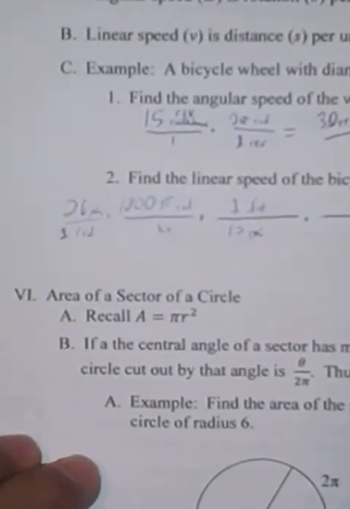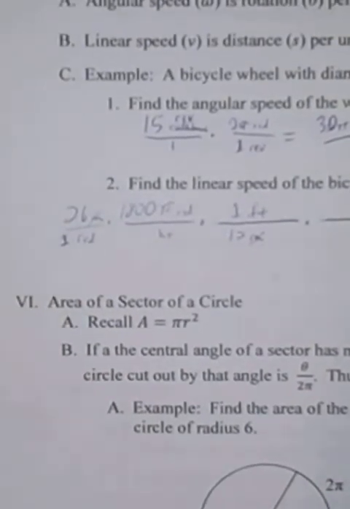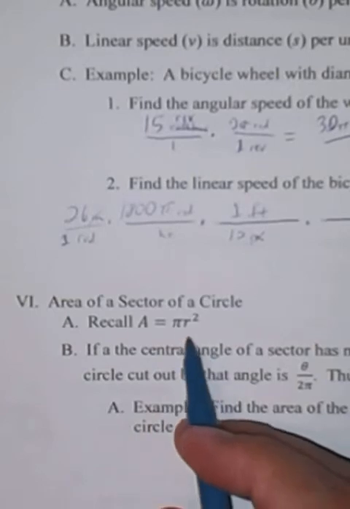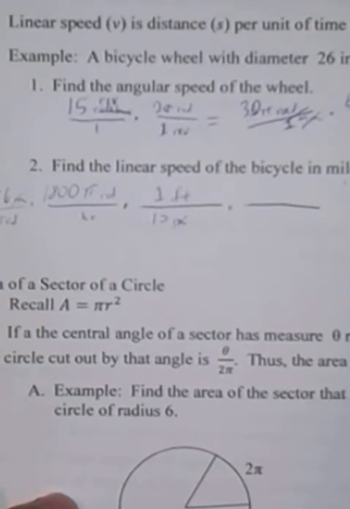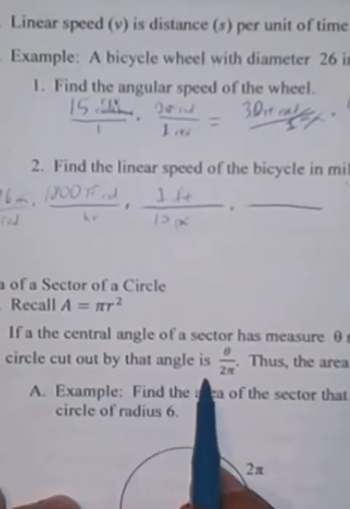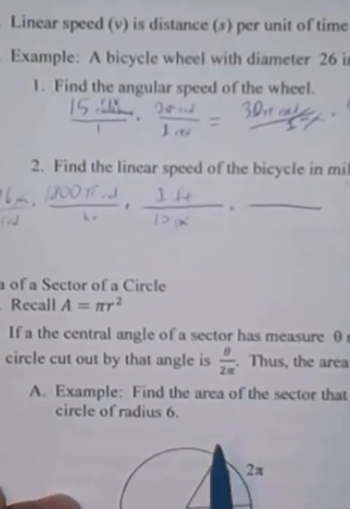Now let's go on to part 6, the area of a sector of a circle. So recall the area is pi r squared. If a central angle of a sector has measure theta radians, the fraction of the circle cut out by that angle is theta out of 2 pi, or theta over 2 pi.